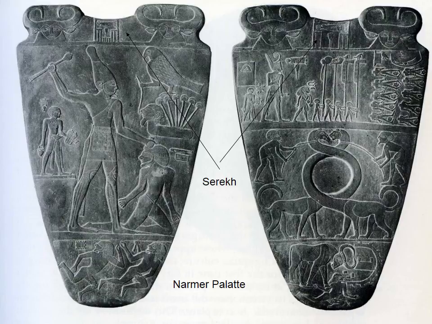Now move down to the center, the second register. You can tell right away who the main character is here. This is Narmer. He is much bigger than other people, and you can see what he's doing: he's about to club this person who's down on his knees. Down on the knees is a very submissive pose, and the hands spread out, palms forward, are another submissive pose.